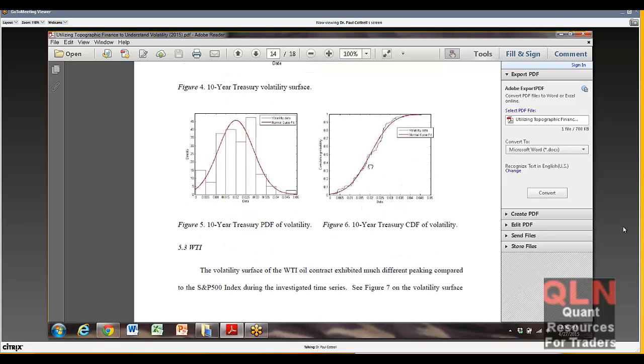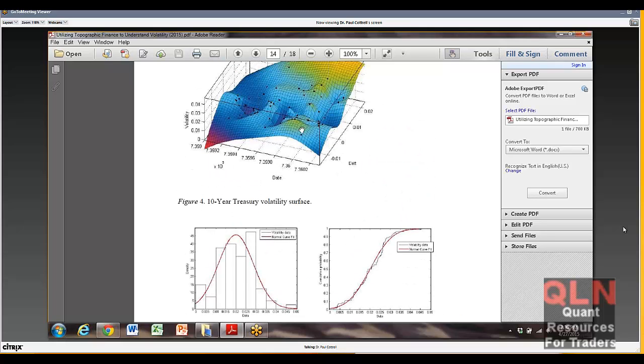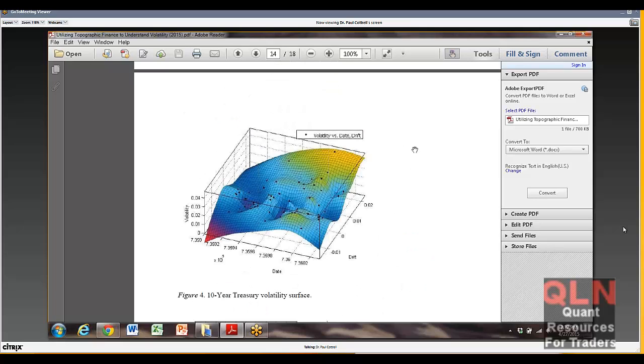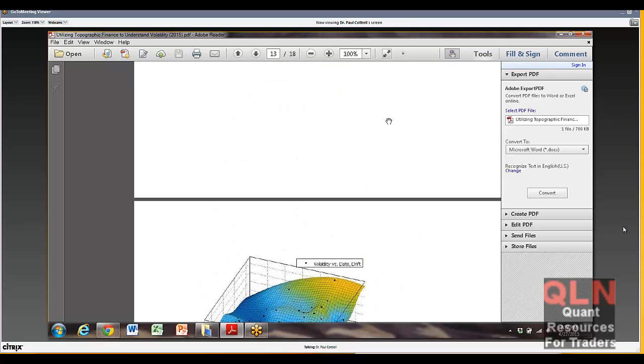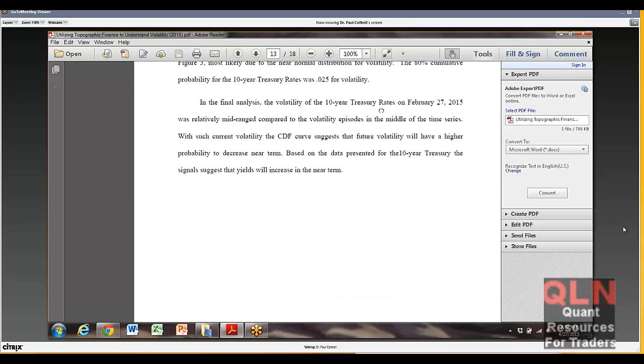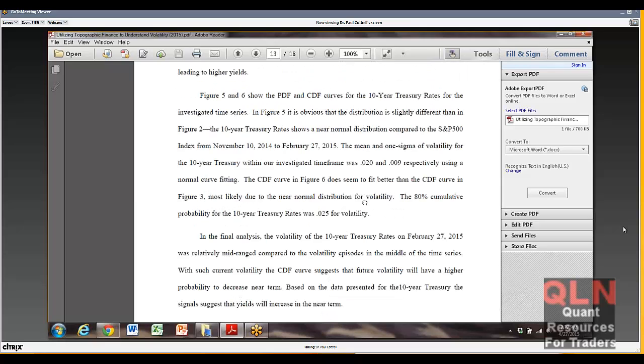But what is interesting, I think, is that you have this trending of the surface. The volatility is trending upward. And that's indicative of probably the bond market becoming more unstable because of the Federal Reserve.